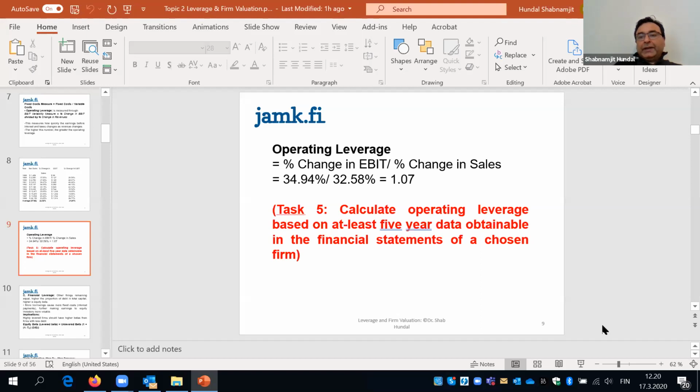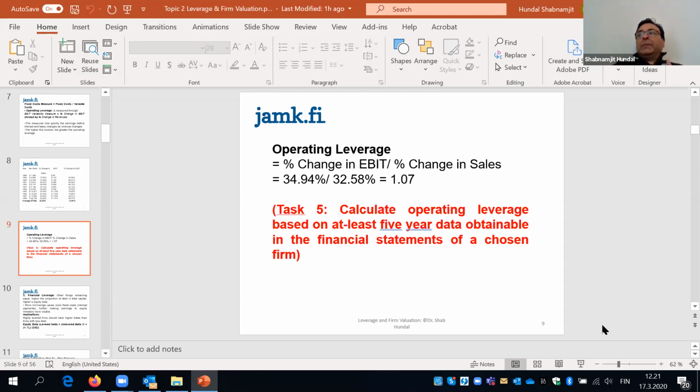So you pick only one company which you have chosen in your portfolio, and take the last 5 years data of the company's operating profit. And then you have the company's sales revenue. And based on that, you are supposed to calculate the operating leverage of the company based on the last 5 years data.